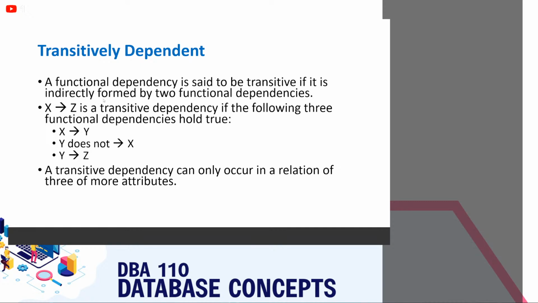But we have x, y, and z here all in the same table. And we can see that there are functional dependencies that connect these 3 items together. But the only thing here that really connects x and z together is the existence of y, right?